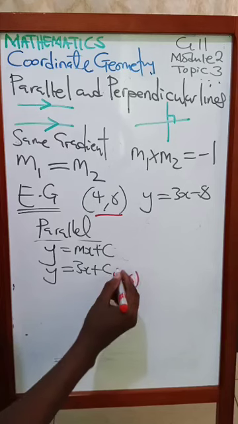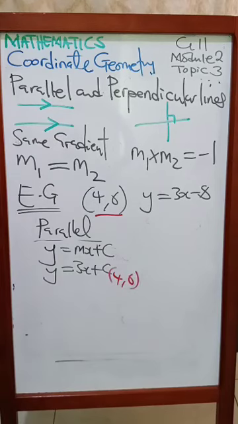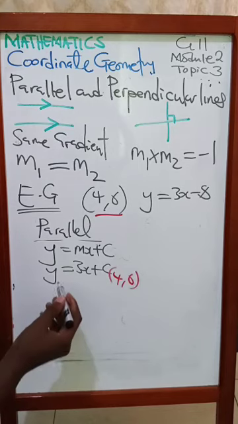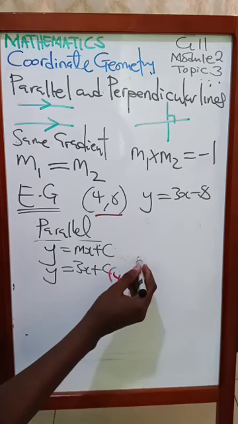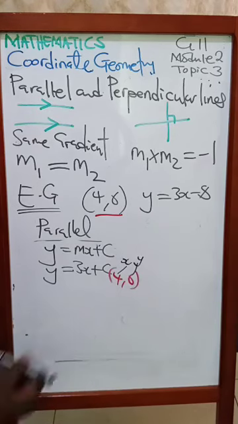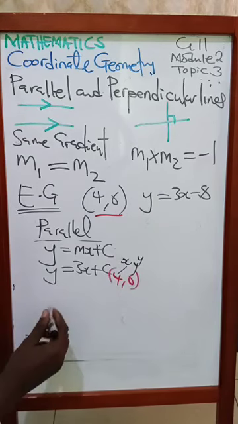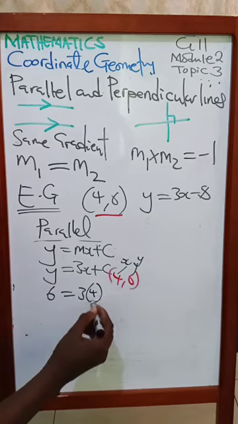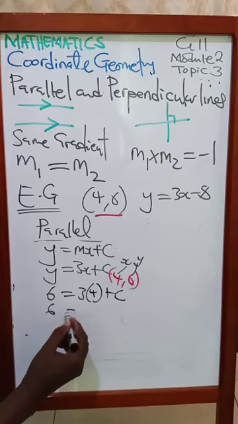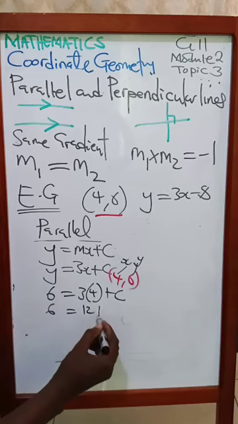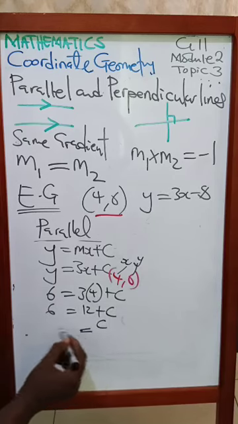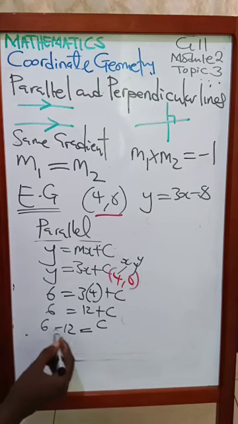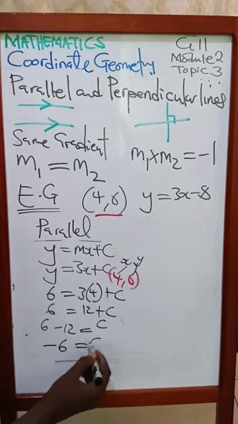So we replace (4, 6) in the equation: where there's y we put 6, and where there is x we put 4. So 6 = 3 times 4, which is 12, plus c. Therefore c = 6 - 12, which gives us -6.